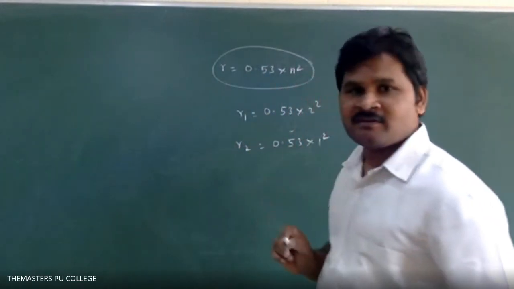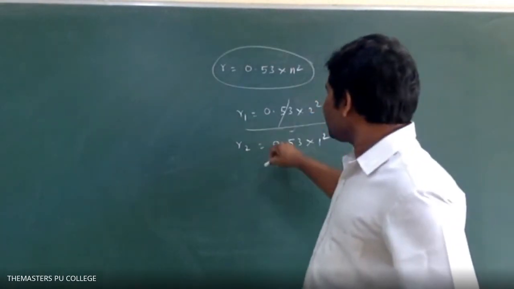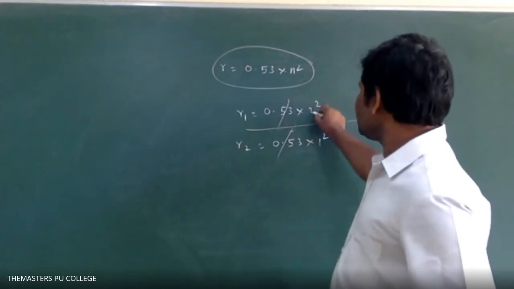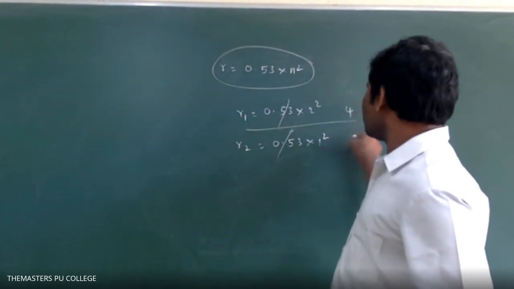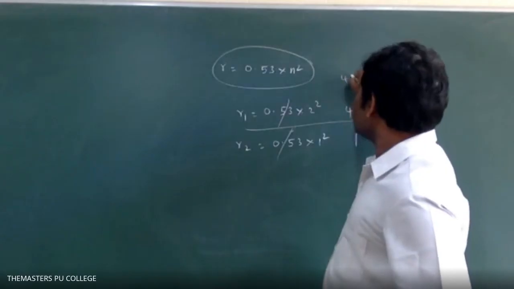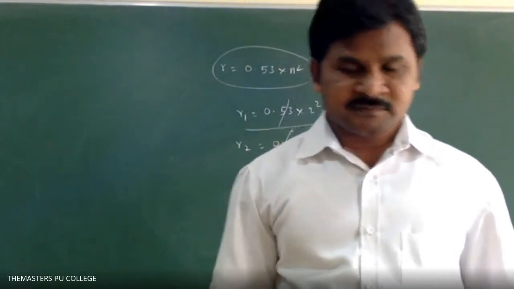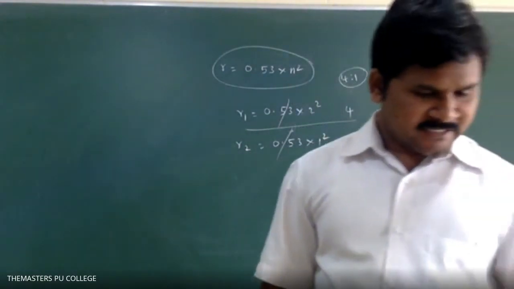Ratio means divided by. 0.53 cancels. 2 square is 4, 1 square is 1, so the ratio is 4:1.